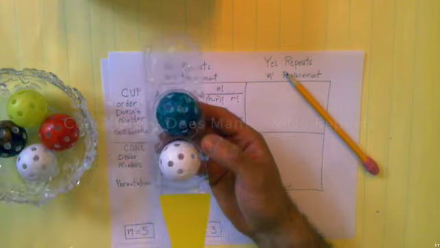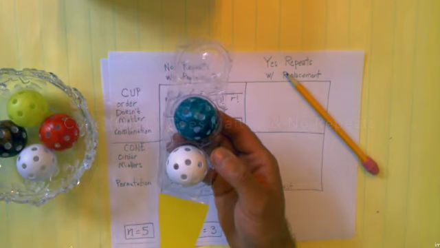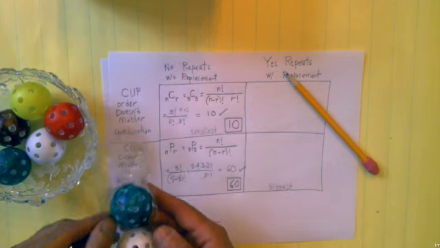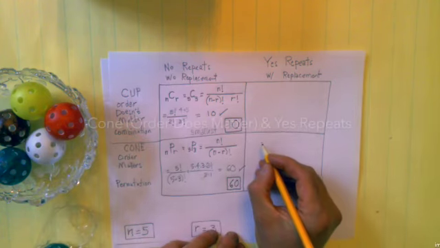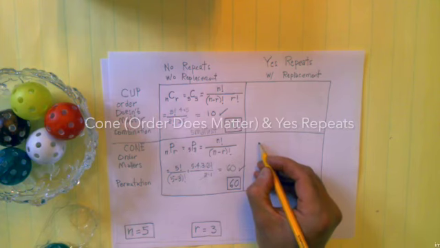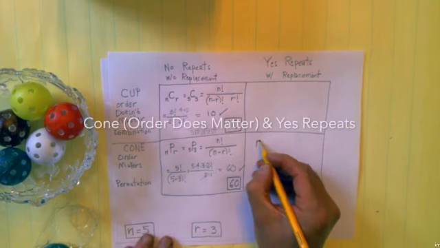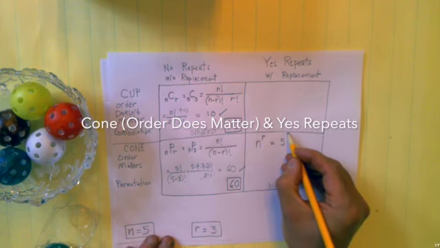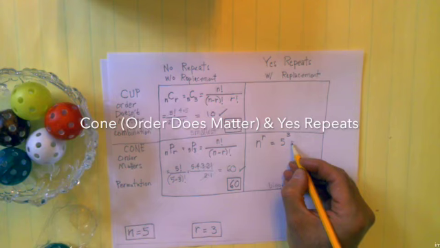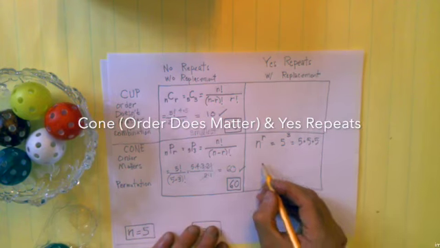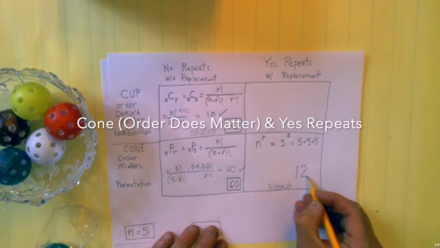Whichever you get, it gets replenished. And then you also have 5 options. So really, this is just 5 times 5 times 5, so 5 to the power 3, which is really n to the power r. It's 125.